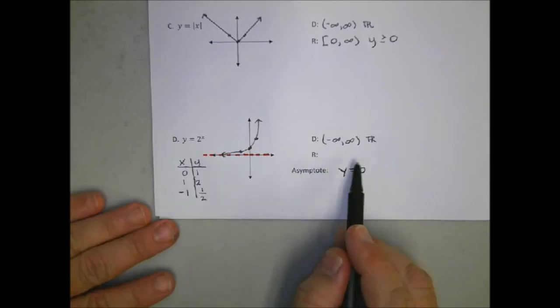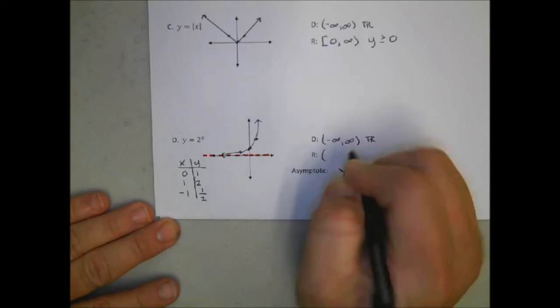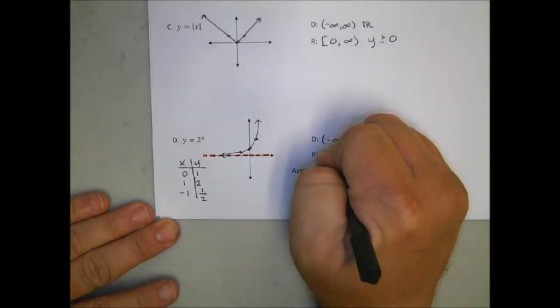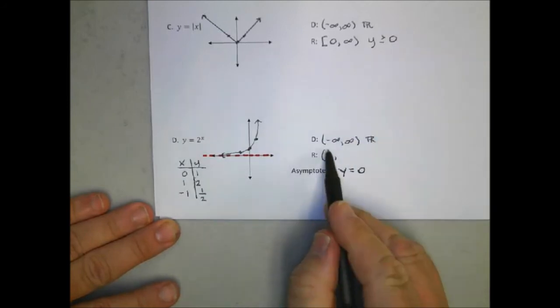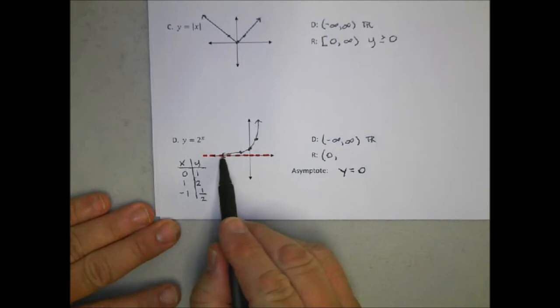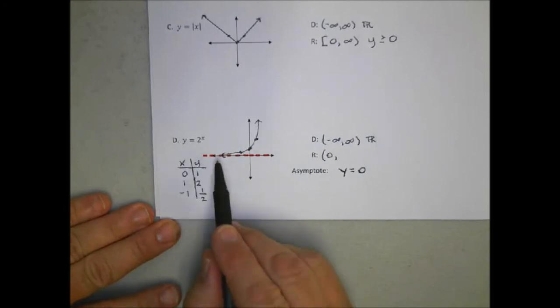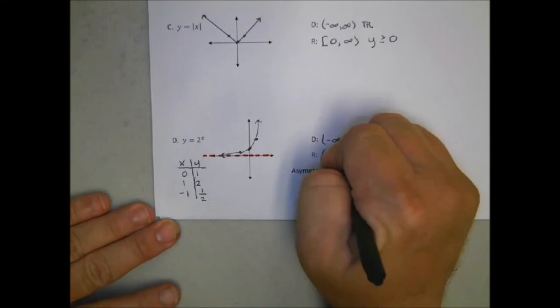And the range of this graph is, it gets closer and closer and closer to 0, but it never touches it. So we don't use a closed bracket, we use an open parenthesis to say it gets closer and closer and closer to 0, but it never touches it. Now, on the high side, it just keeps going up forever and ever and ever.